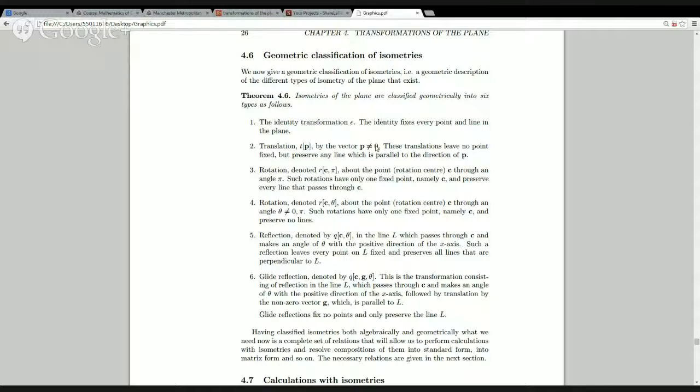And being orthogonal will mean that the dot product of any column with itself is 1. So a squared plus b squared is 1, c squared plus d squared is 1, and the dot product of (a, b) with (c, d) is going to be 0, because those were the conditions of being an orthogonal matrix.